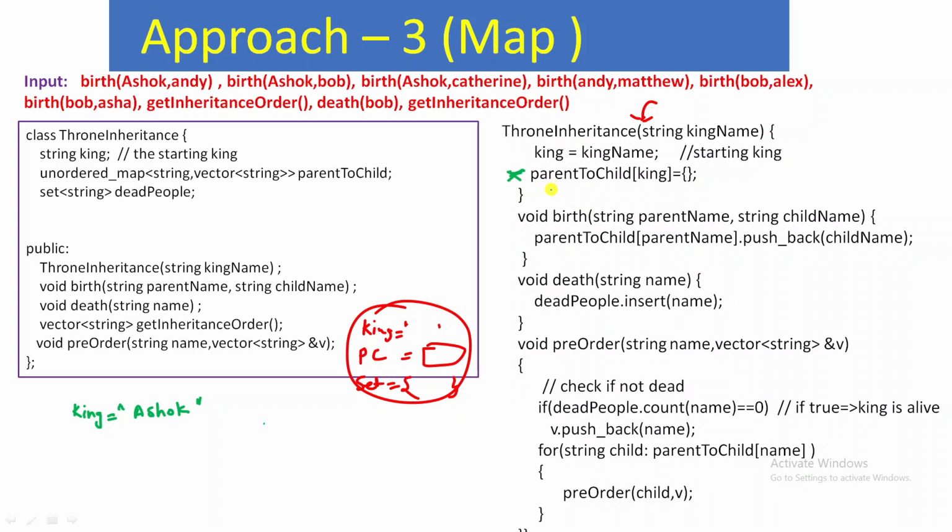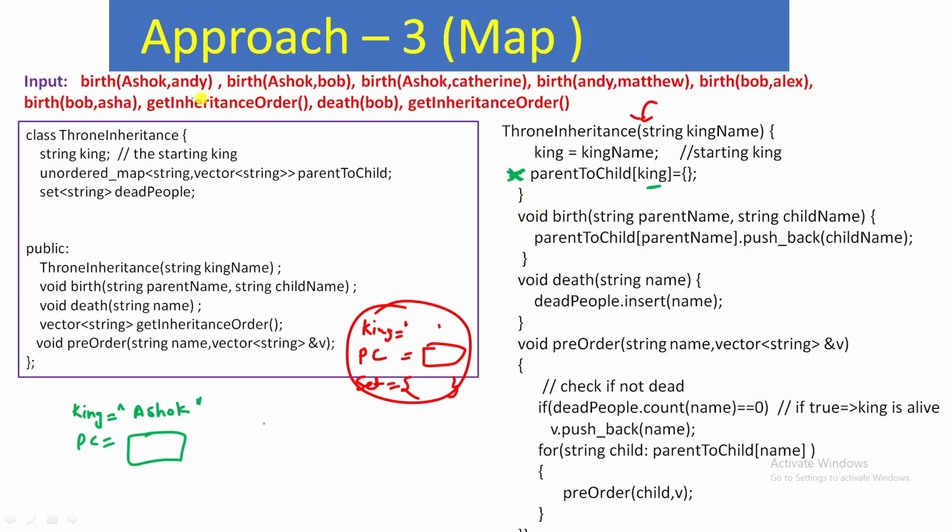Here it is just saying that in the map, for Ashok, set the array of children as empty. If you need, you can do it this way, or otherwise this map will take care of that too. If there is no child for a particular parent, it's okay, you can just remove this line. Now next time, let's say there is a call for the birth API.